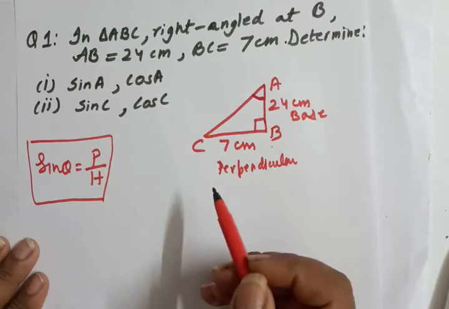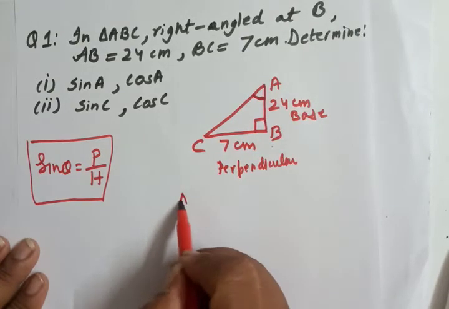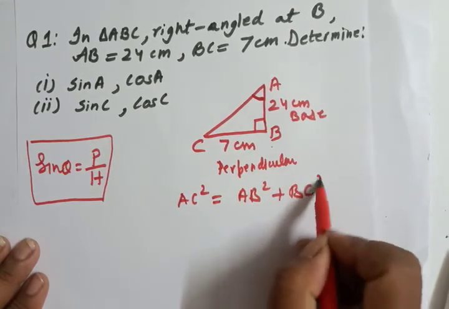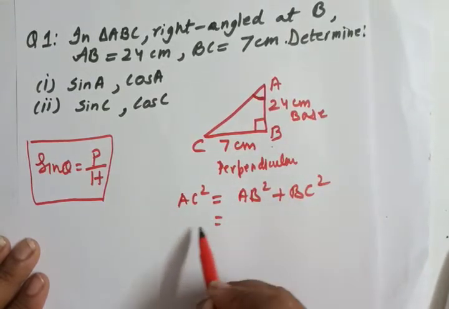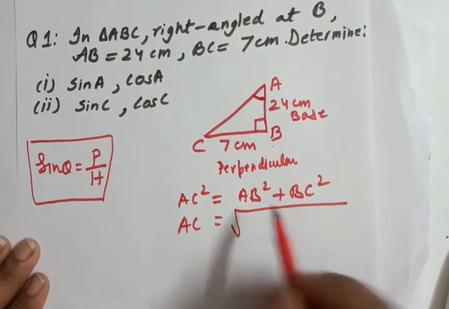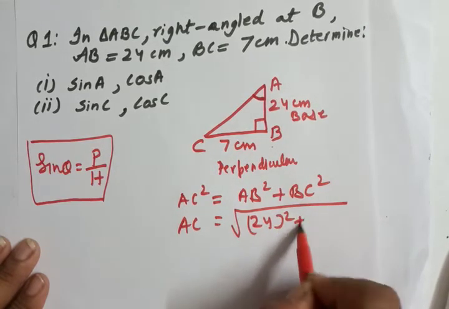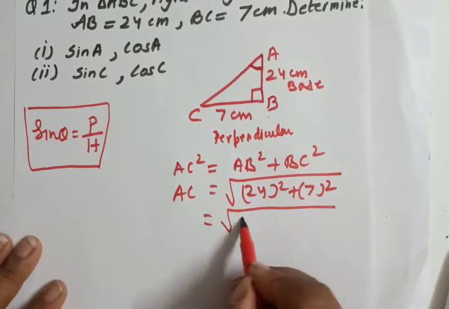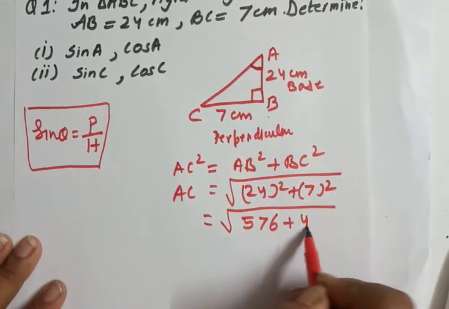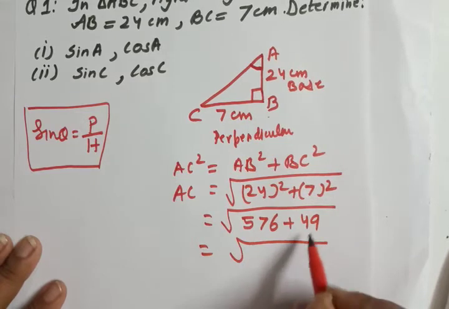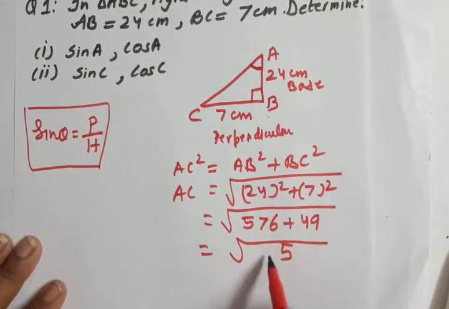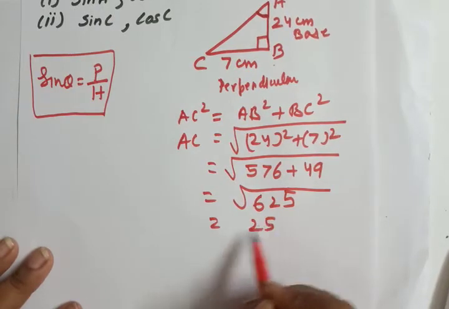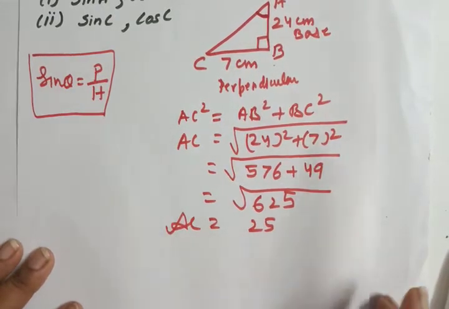According to the Pythagoras theorem, AC square is equal to AB square plus BC square, so AC is equal to under root of 24 square plus 7 square, that is 576 plus 49, which is 625, so AC is 25. Clear?